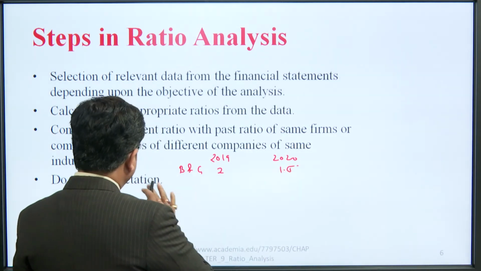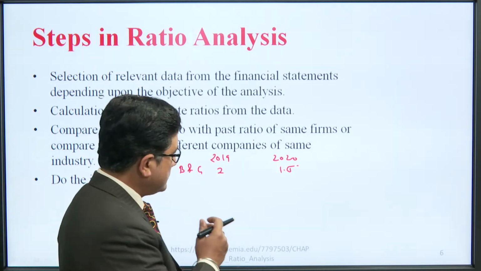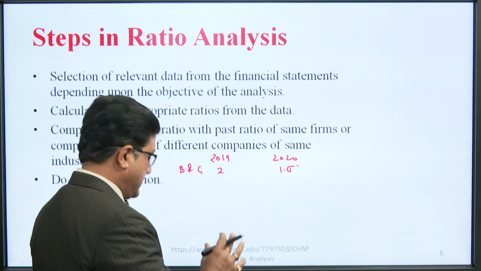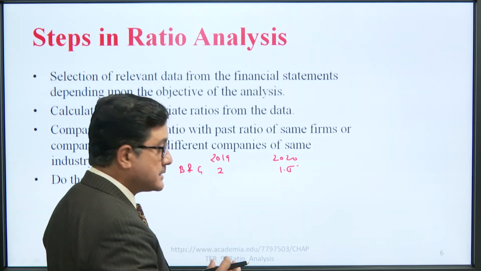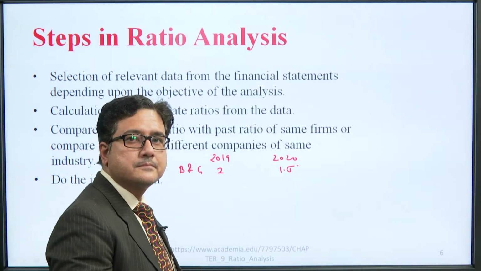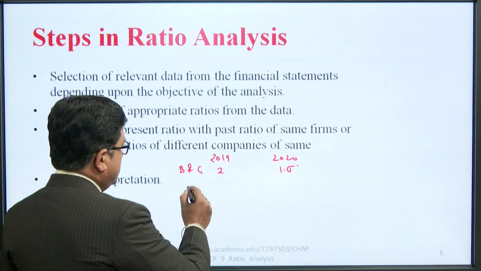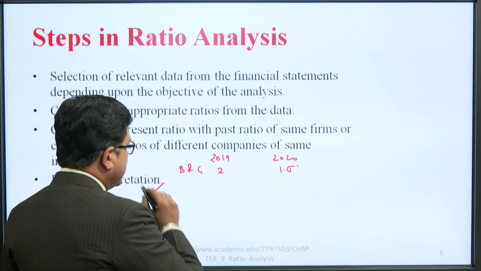Here we can interpret that the ratio of boys and girls has decreased by 0.5. So, this is the interpretation.